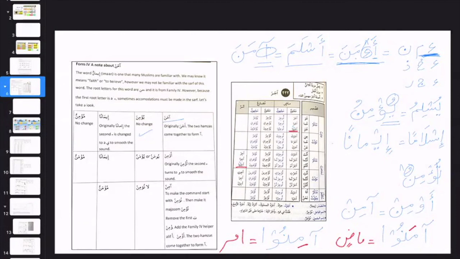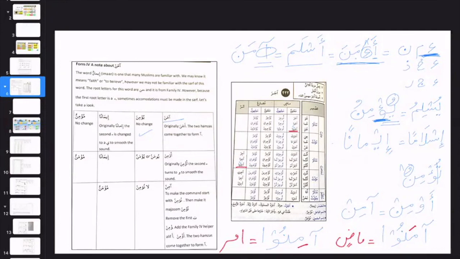So this chair of hamza is basically a waw. The letter is hamza over here, but hamza always needs a chair. Sometimes you will see hamza sitting on alif, sometimes on waw, and sometimes on ya. That's why this waw came over here. So we will say yu'minu. Okay, amana yu'minu, and then imanan.